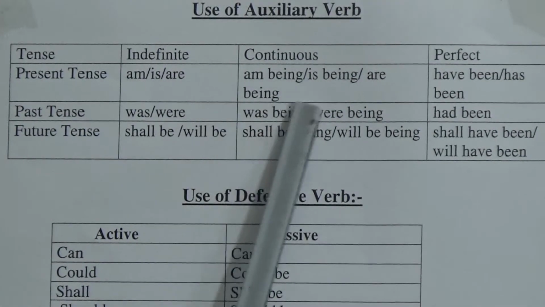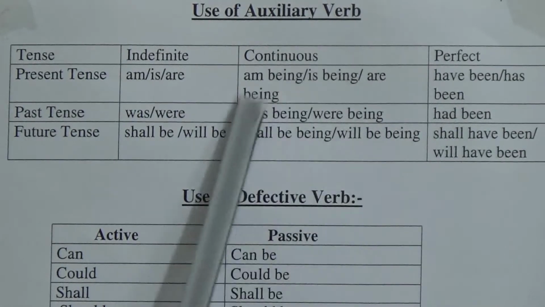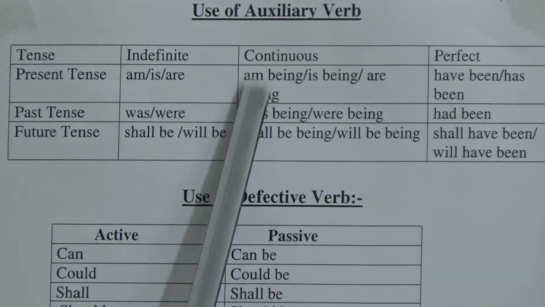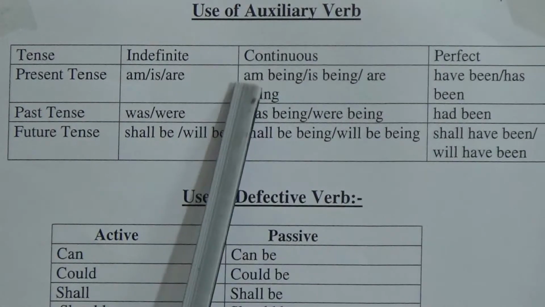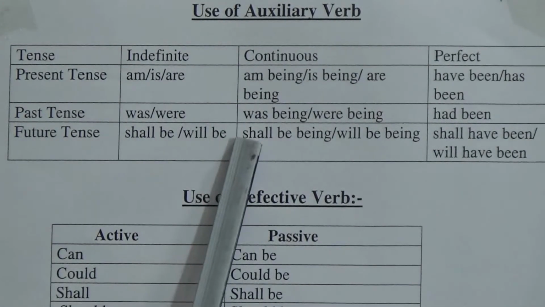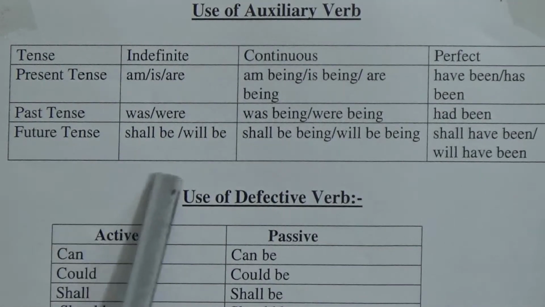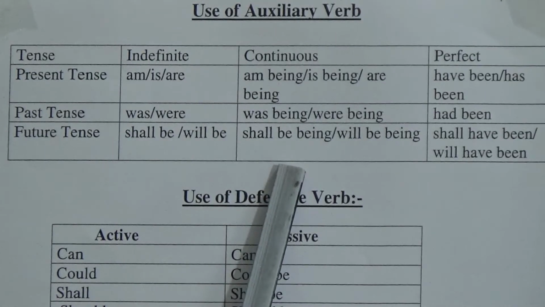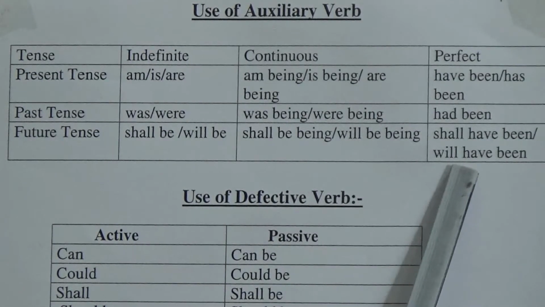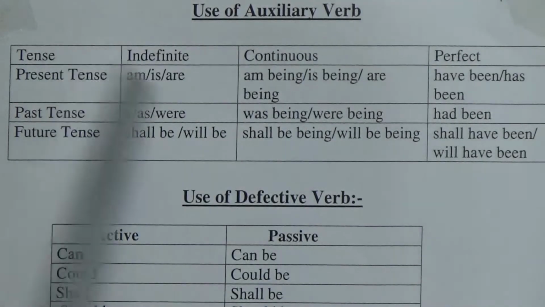Continuous: am being, is being, are being. Perfect: have been, has been. So in all the continuous tenses we use the auxiliary verb being after be. Past tense: was, were; continuous: was being, were being; perfect: had been. Future tense: shall be, will be. Future continuous: shall be being, will be being. Future perfect: shall have been, will have been. This box is very important for you.